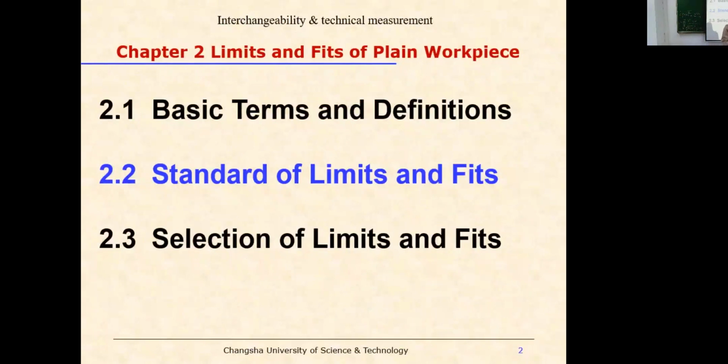Okay, continue our class. The last class we just learned how to calculate the upper deviation, the lower deviation, and actually we cannot calculate... We can, but I mean this word.